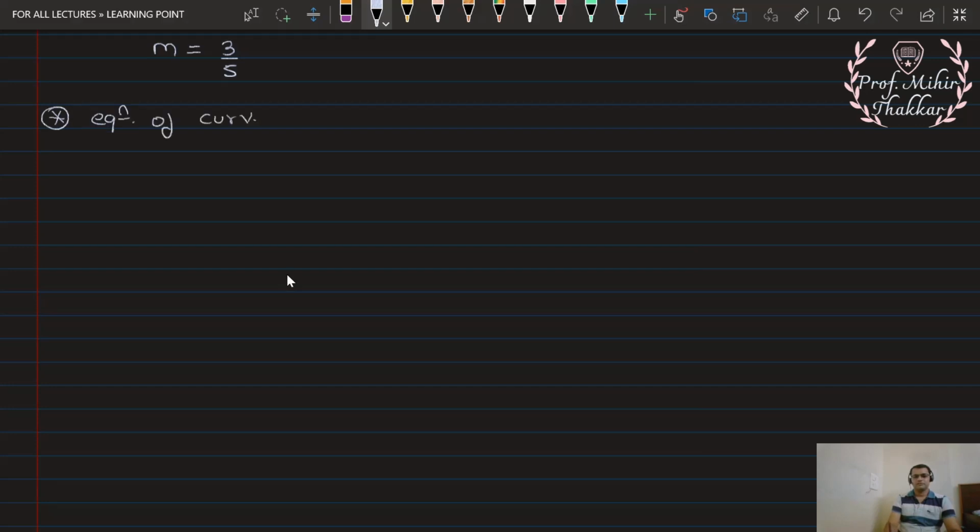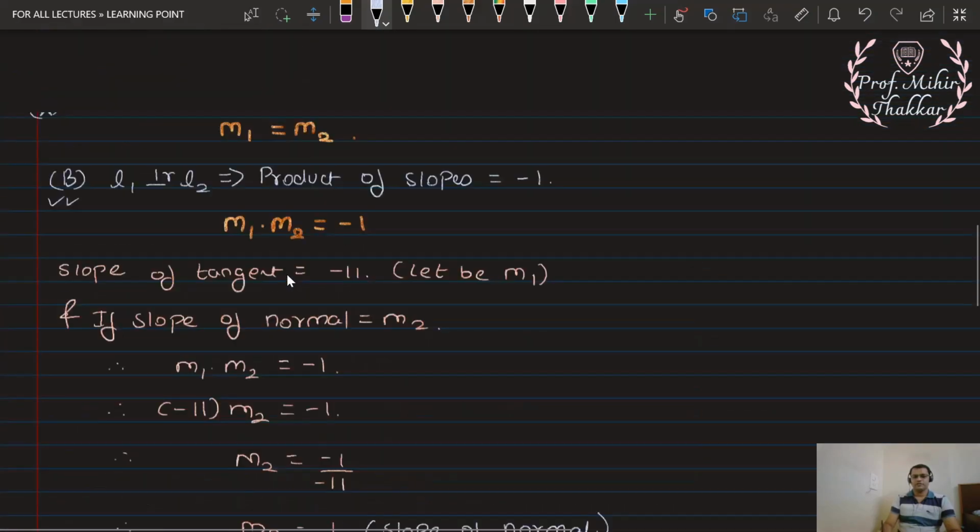We have also calculated the slope of the tangent at the given point.